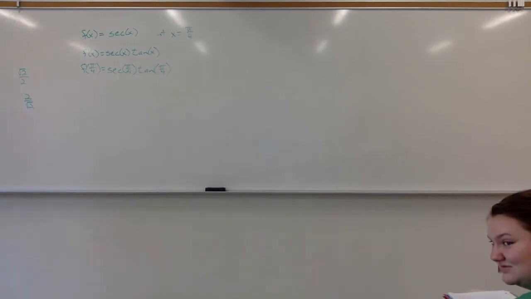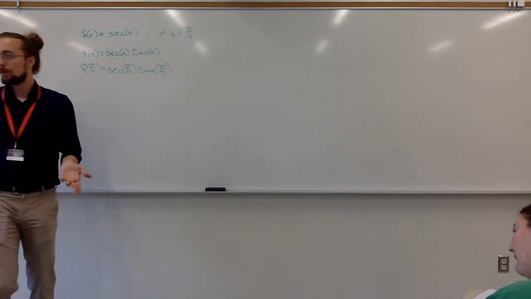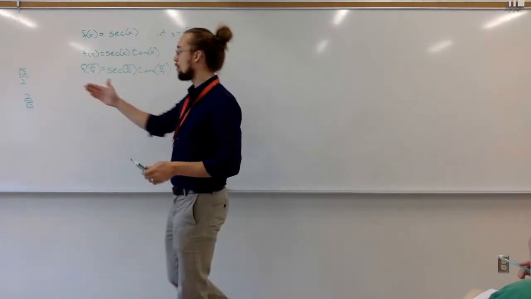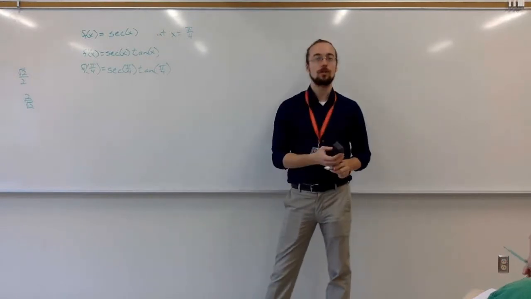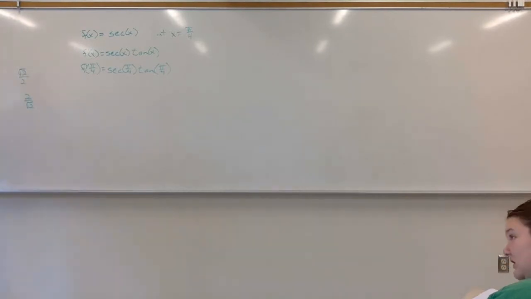But remember, in calculus, any equivalent form of something is okay. So this is perfectly fine. If you want to rationalize it, you can. You can make it 2 radical 2 over 2, which would just be radical 2, right? 2 over radical 2 is the same as radical 2.